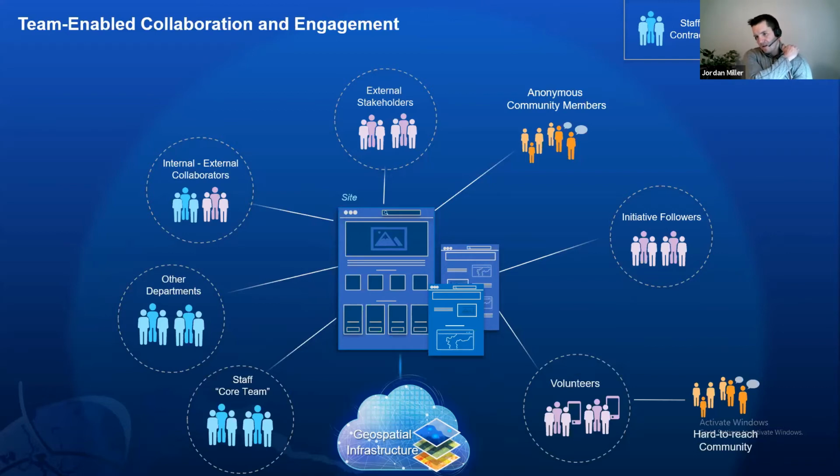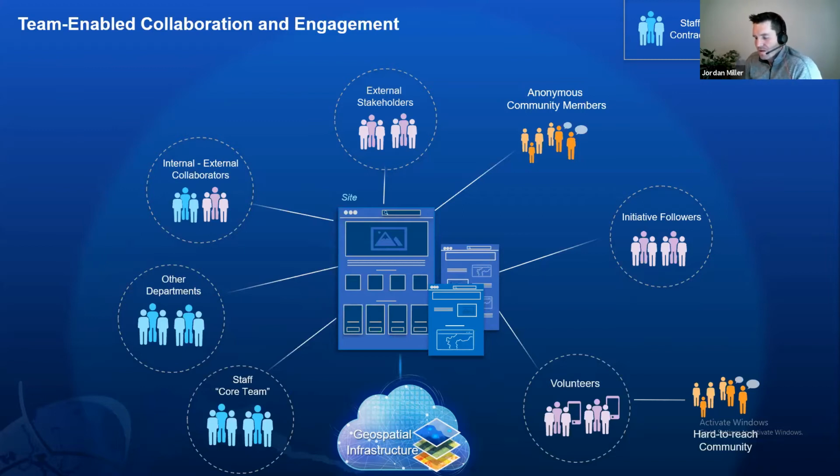And here, as we move clockwise, we start to see more of that public engagement too. In the orange, we have those anonymous community members. That's typically what we would consider just general web traffic that's coming to your site and looking at it and thinking, okay, that's cool, I got the information I needed.